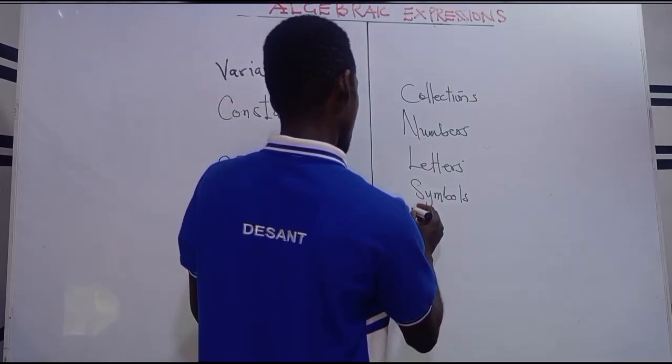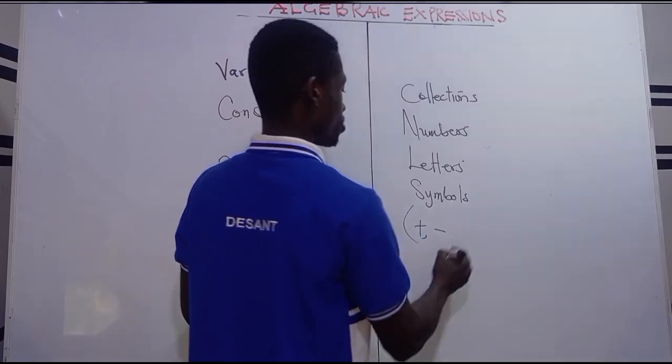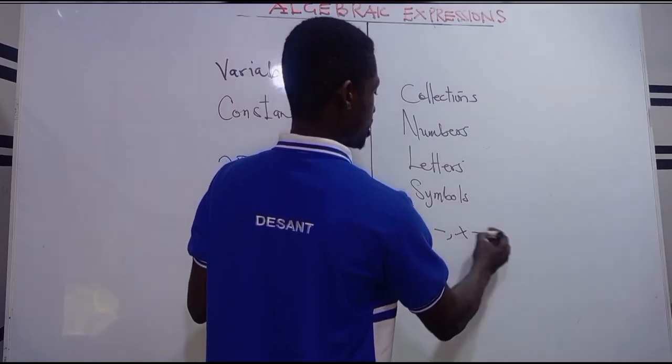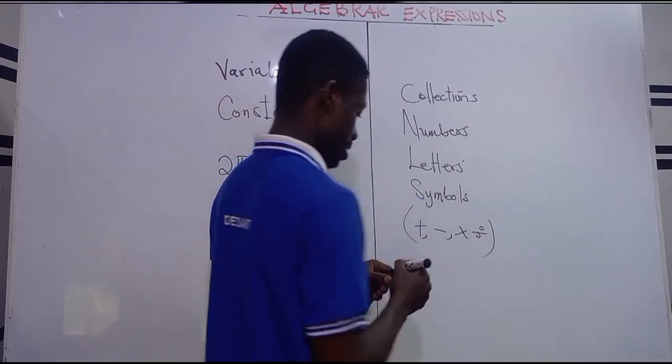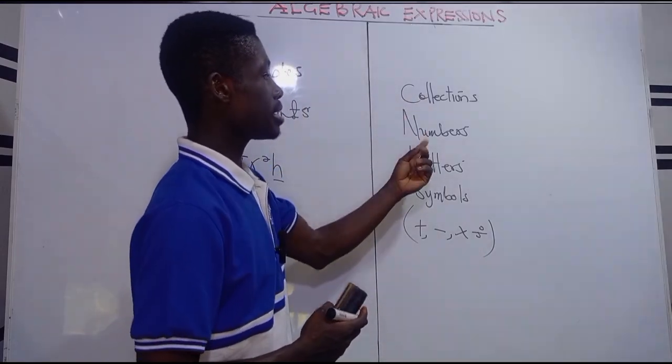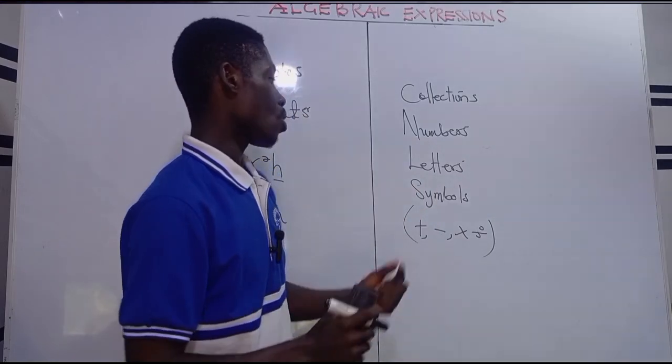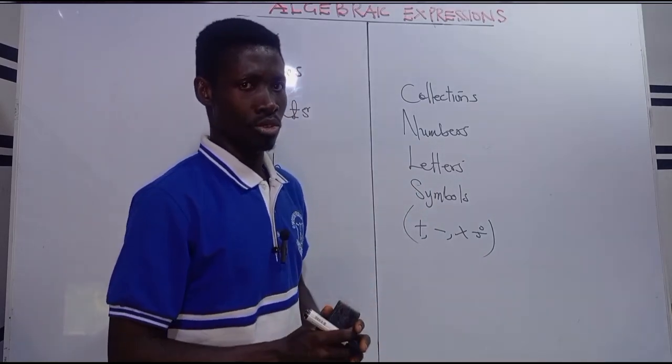And we know the operational symbols or signs we have: addition, subtraction, multiplication, and division. So when we talk about algebraic expression, it is a collection of numbers, letters, and symbols combined with at least one of the operational symbols.